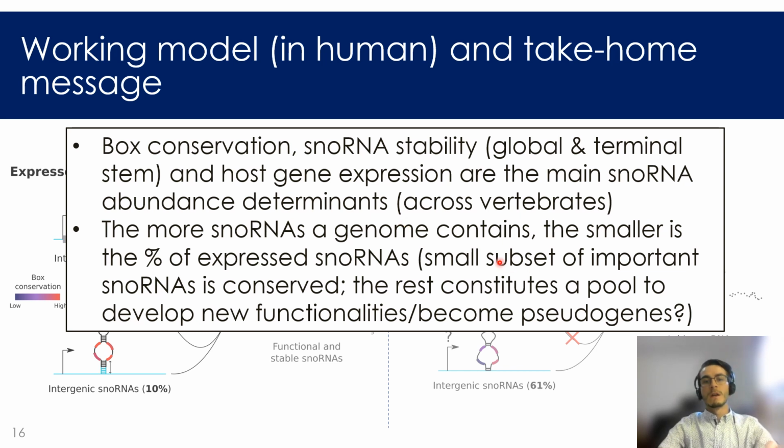So it means that a small subset of important snoRNAs needs to be conserved and expressed. The approximate 2/3 of the rest constitute potentially a pool to develop new functionalities as mutations accumulate, or either this snoRNA just becomes a snoRNA pseudogene.